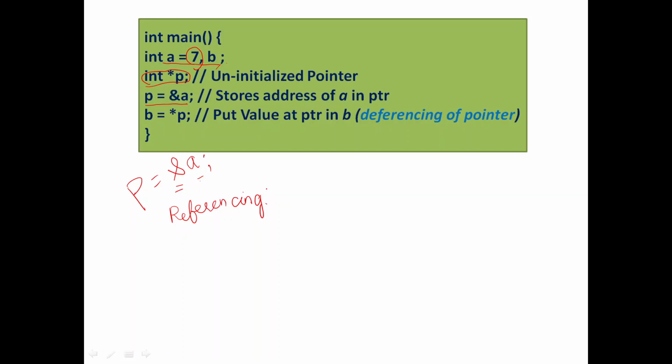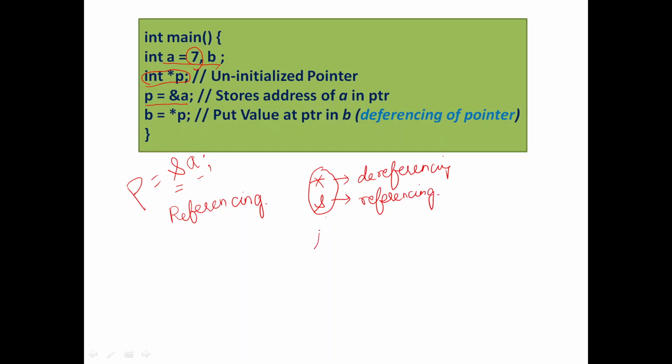There are two important operators associated with a pointer, that is star and ampersand. This star is called a dereferencing operator and this ampersand symbol is called the referencing operator.